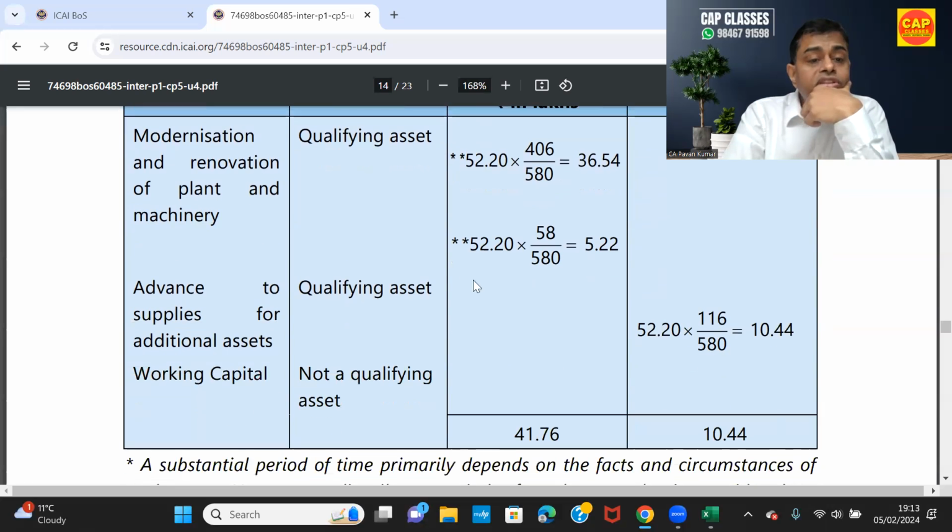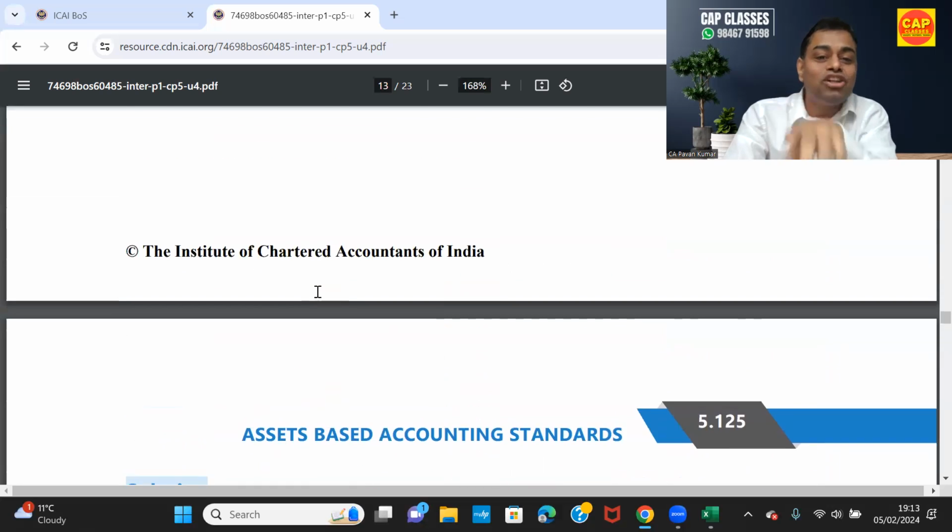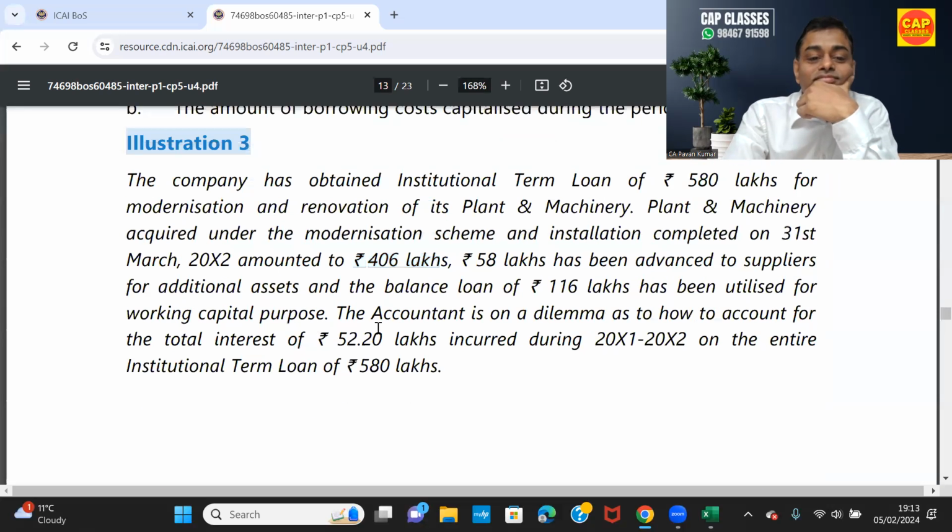Oh, advance to suppliers, they have given, a qualifying asset, dude. You are right, I am wrong. Devika, now I should get a heart attack, not the student. This was a final question. I remember with 200% confidence that this 58 was not a qualifying asset.